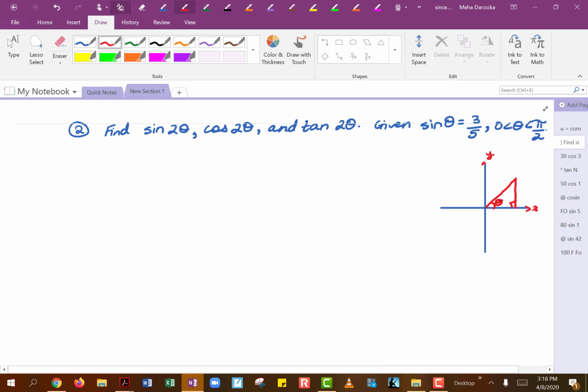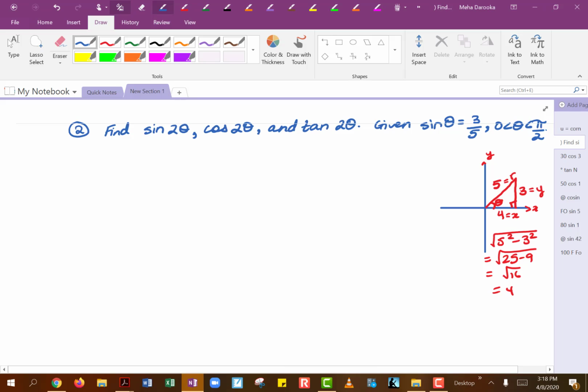So sine is opposite over hypotenuse, right? So based on that, you can use your Pythagorean Theorem and calculate your missing side, right? Which will come out to be 4. So 4 will be your x value, 3 will be your y value, and of course 5 will be the r value if you want to use those formulas.